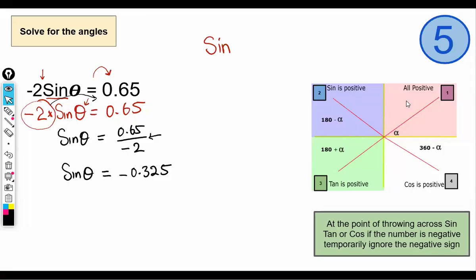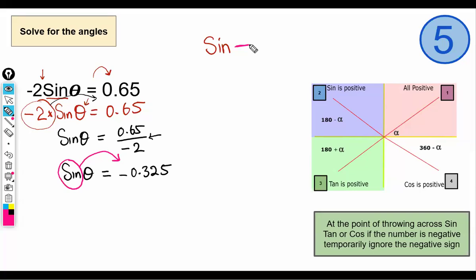Right. Now it's time to throw across the sine. So when we throw across the sine now we could determine whether it's a positive or negative question. You see, when you're throwing across the sine, what is waiting here? A negative. This is really a negative sine question.